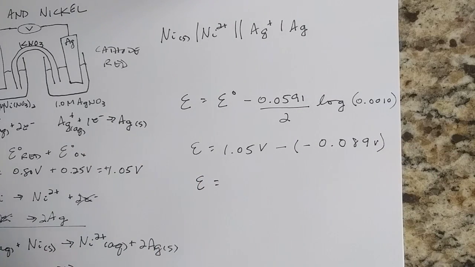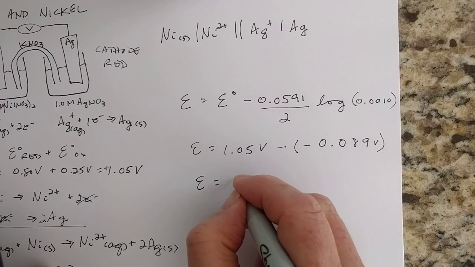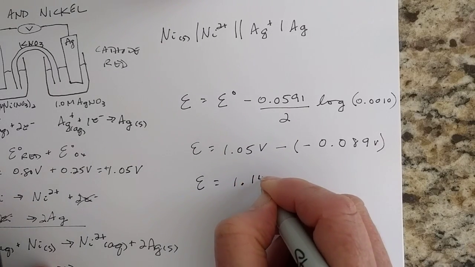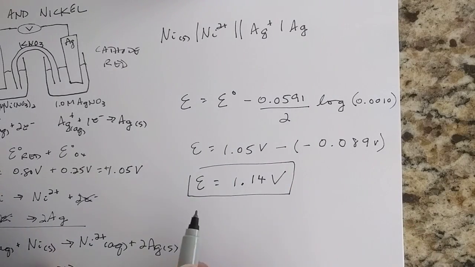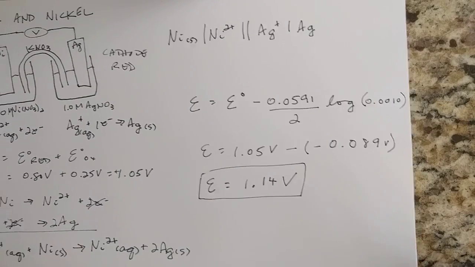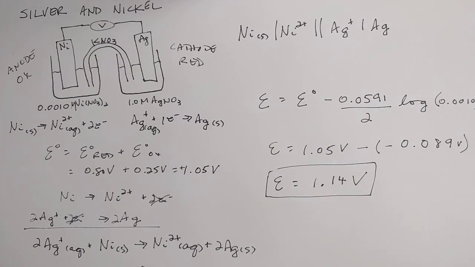So our E is 1.14 volts. So the E, under this concentration, we have more battery life than under that concentration. All right, so that is how you use the Nernst equation when you have non-standard conditions.